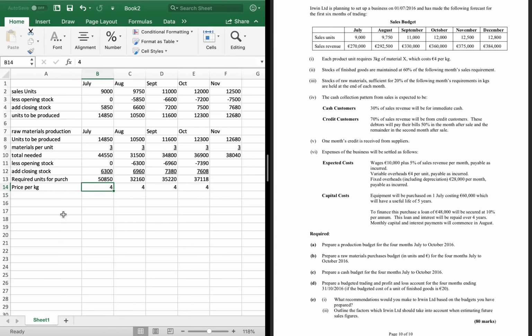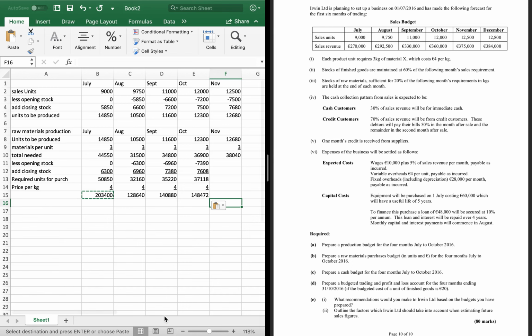And then your purchases in euros will be your required multiplied by your price. So 50,850 by 4, 32,160 by 4, 35,220 by 4, 37,118 by 4. Okay. So that's the production element done.